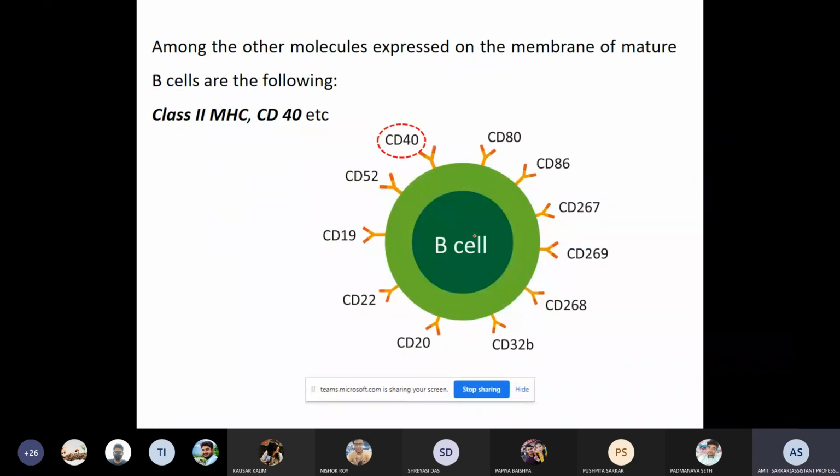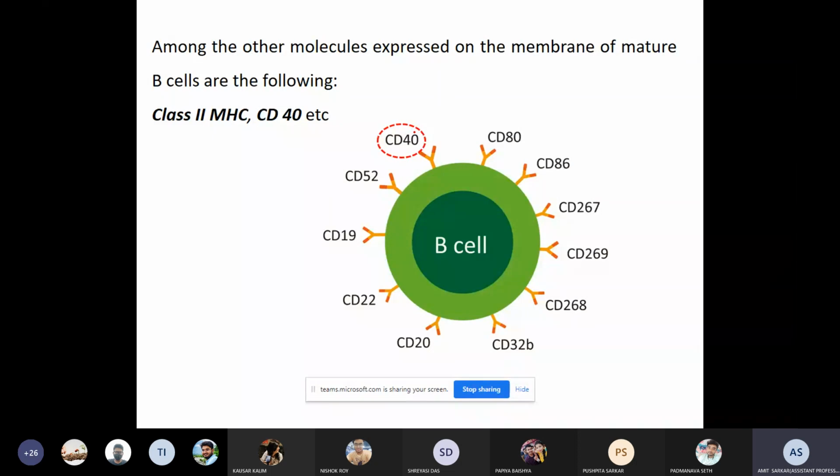Other types of molecules are expressed by the B cell membrane, so you can see different CDs there. CD80, CD86, different ones. One particular thing that distinguishes the B cell from others is called CD40. CD40 is always found on the B cell only.